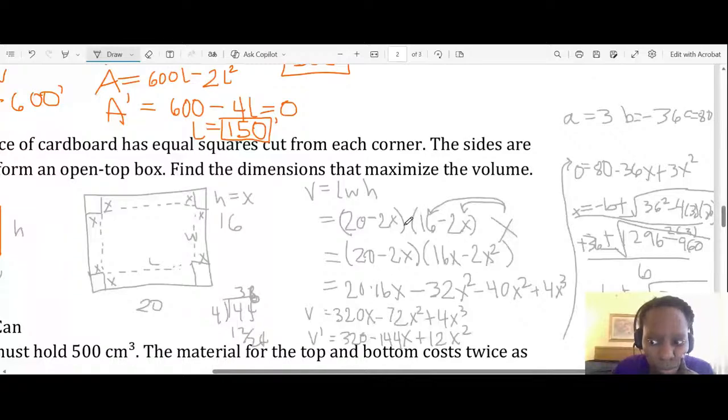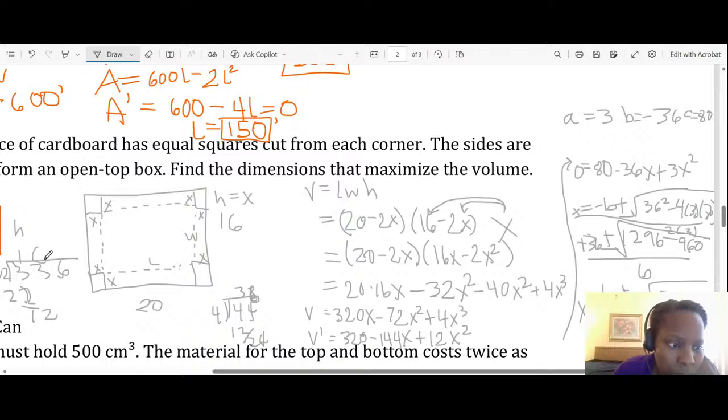So if that's x, let's see if we can split up 336. Half of that. Wait.